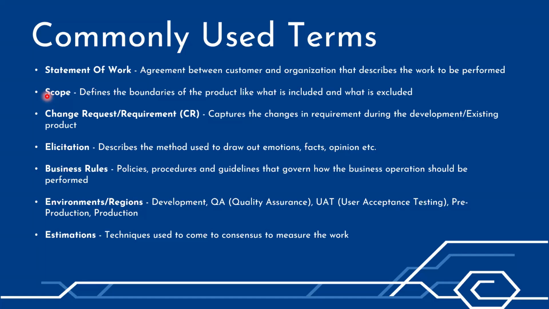So I can define a scope that for the next 1 month, I will focus only on the credit card method. Once the credit card method is in place, then in the next project I'll focus on, let's say, UPI. Then in the next project, I'll focus on debit card, then internet banking, then wallets.